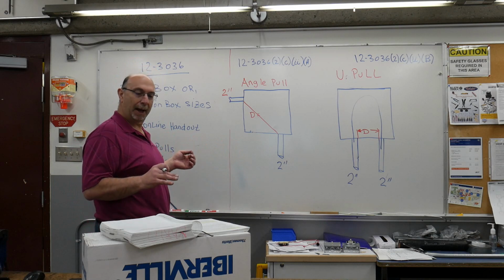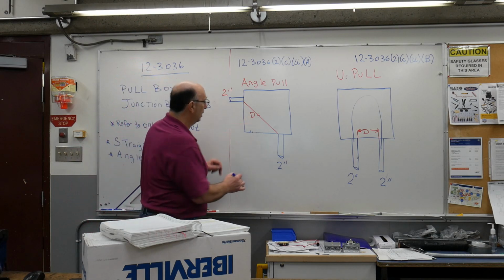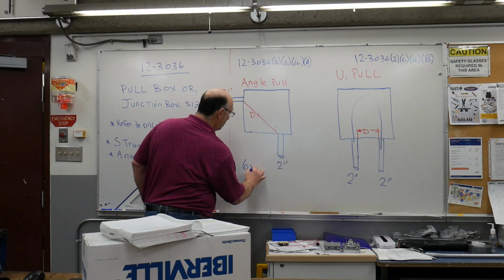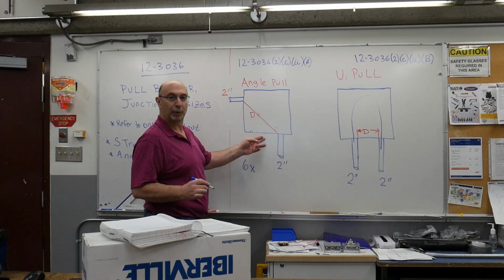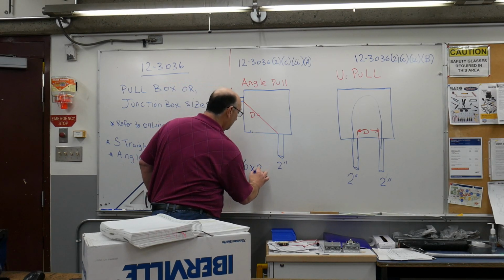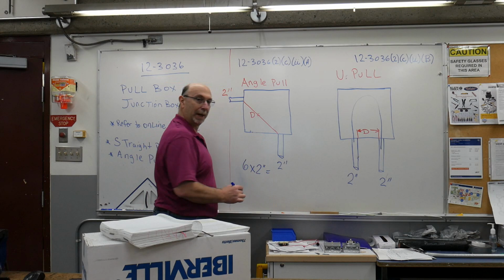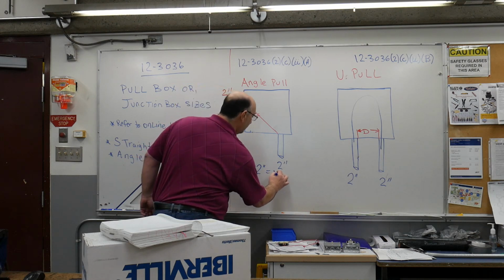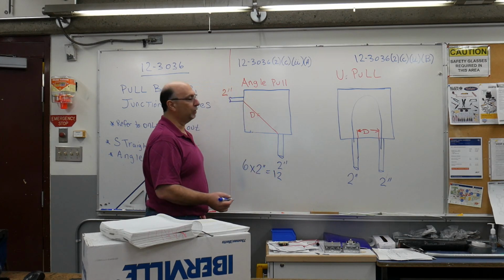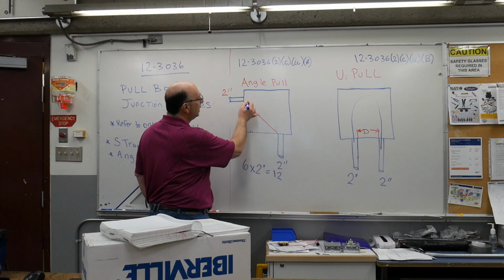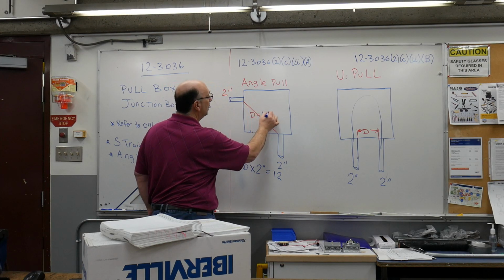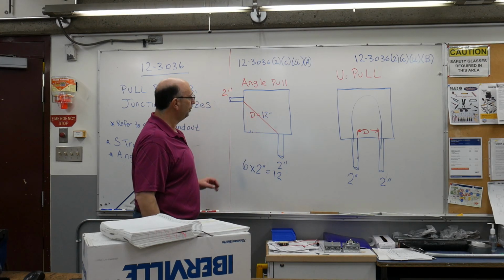So 6 times the trade diameter. So 6 times the raceway, 2-inch, equals 12 inches.